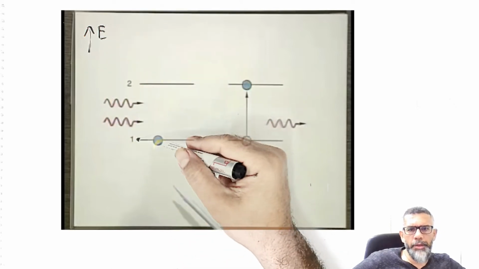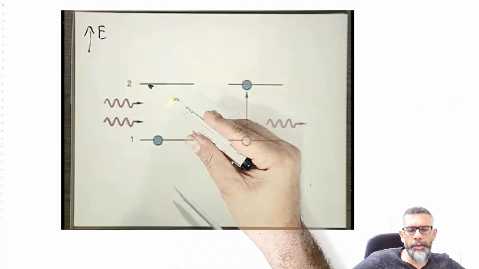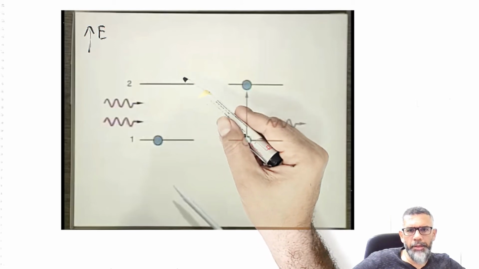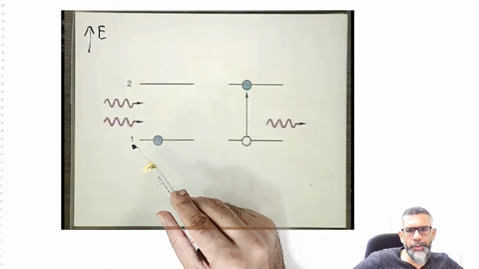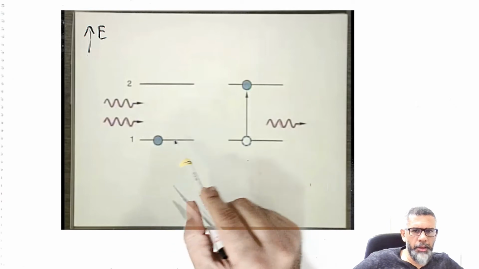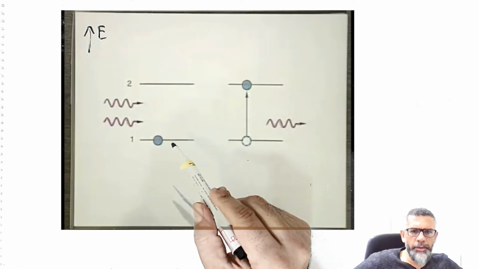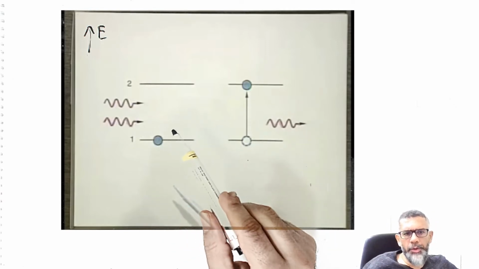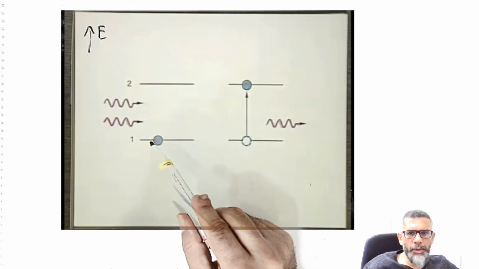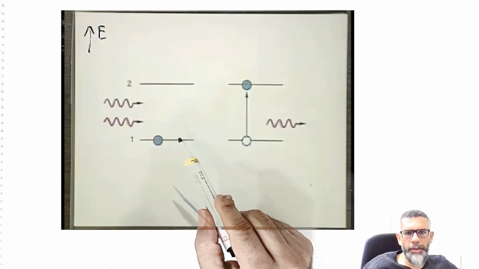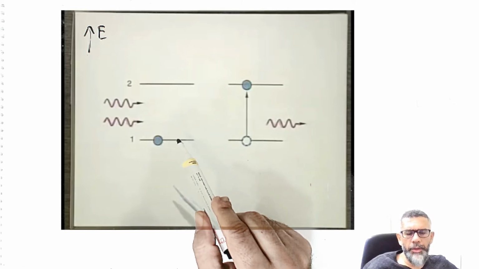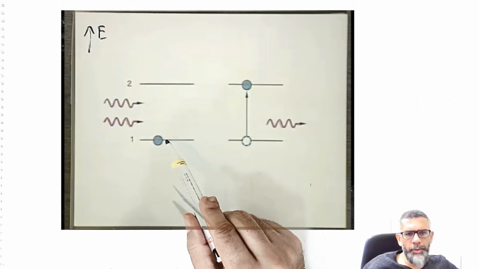So that means this first energy level is smaller, in terms of energy, than the second. Usually we call the first one the ground state, the minimum energy level. But in fact, this ground state energy level is not zero energy. It has some non-zero energy value. But anyway, it's the smallest value, so we call it the ground state.